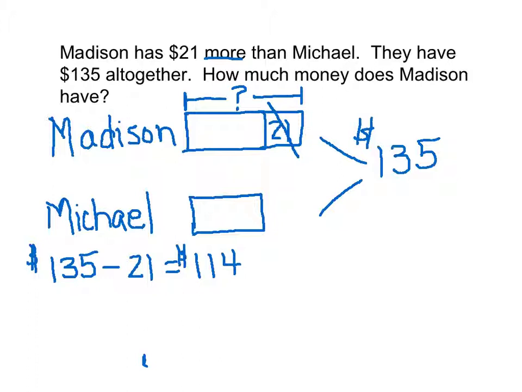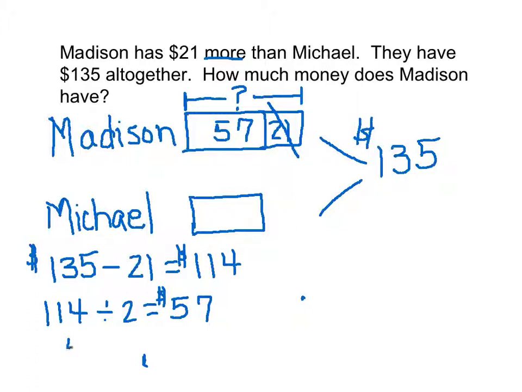Now I want to find out what is in one of those boxes. So I would split my 114 in half, or divide by 2. And of course that is equal to $57. So there's $57 in each one of these boxes. And I'm trying to find out how much Madison has.